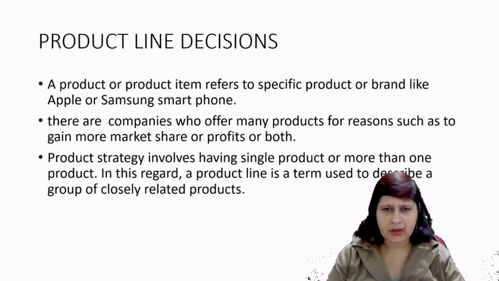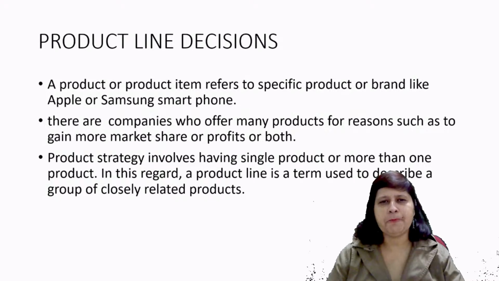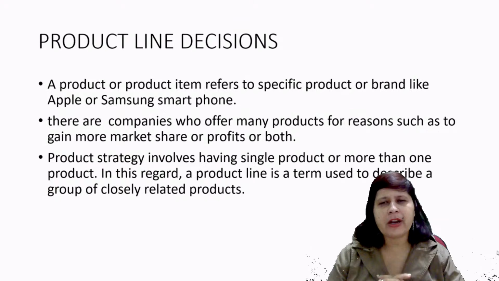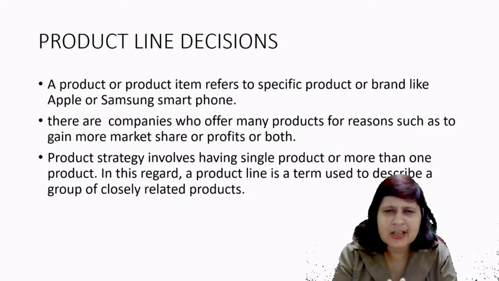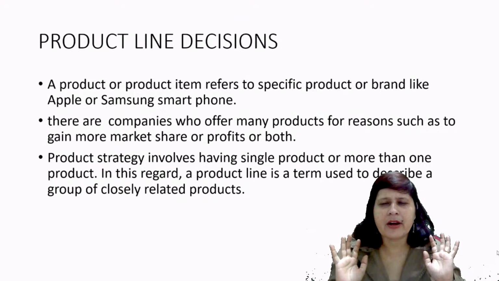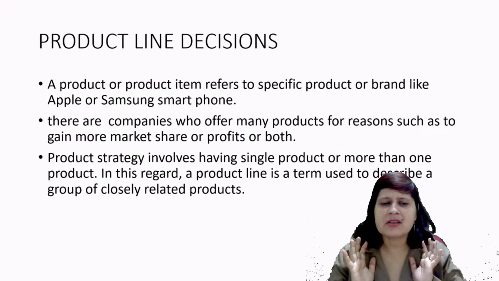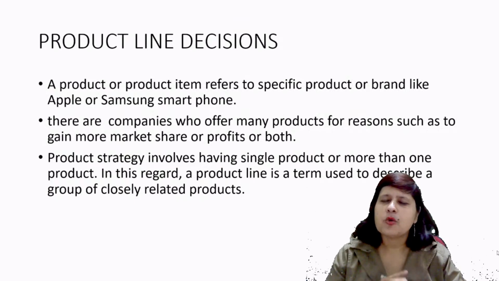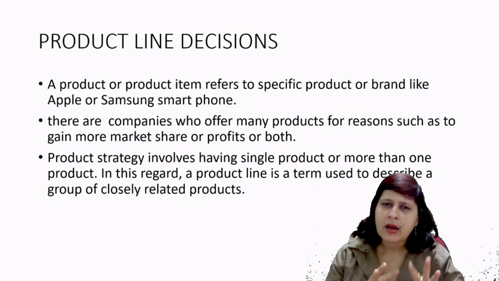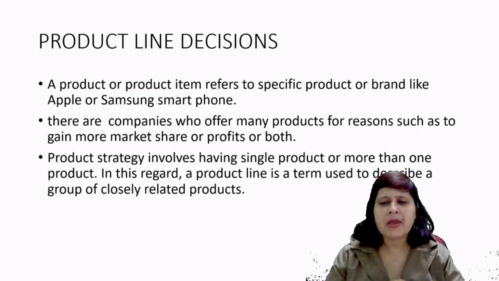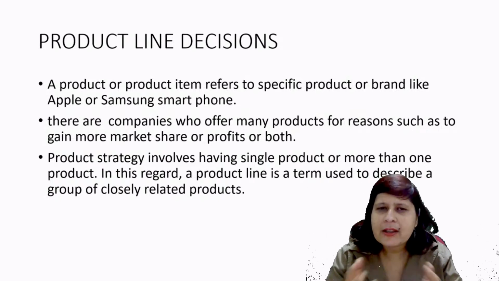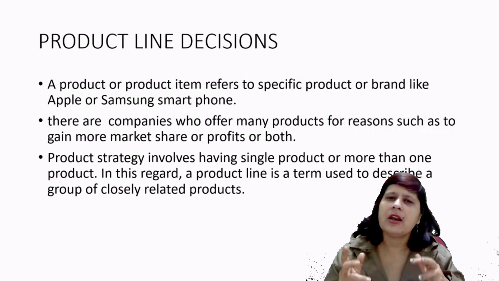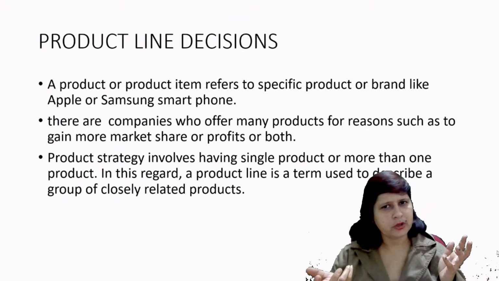Okay, what is a product or a product item? So, a product item refers to a specific product or a brand. A specific item or a brand is a product, like an Apple or Samsung smartphone. There are companies who offer one product, or there are companies who offer many products, to gain more market share and profits, or at times both, right?